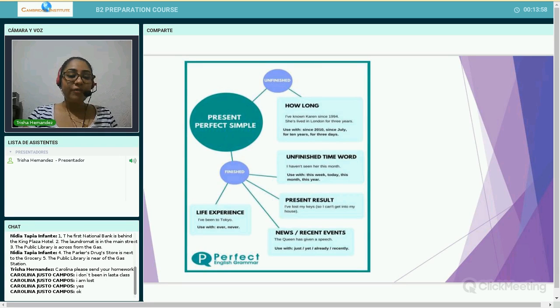A finished action with a result in the present. We often use the present perfect to talk about something that happened in the recent past but is still true. Sometimes we can use the past simple here, especially in grammar in use, when we talk.